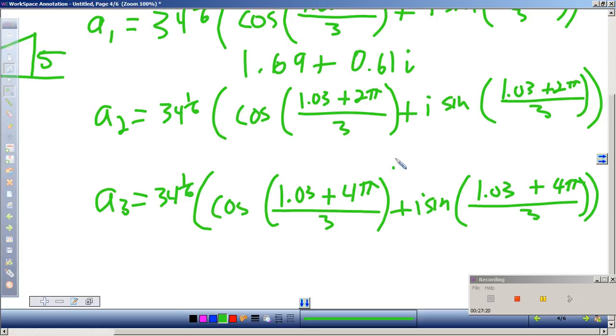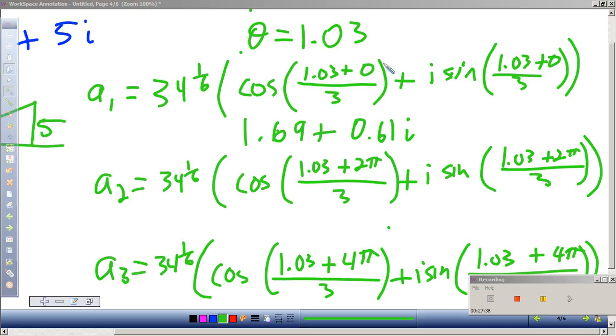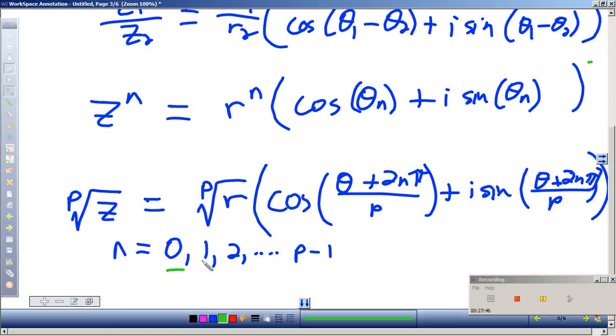So here we plug in n equals 1, here we plug in n equals 2. Remember, it is 2 pi n, right there. If I plug in 2, we have 2 times 2 pi, so that's 4 pi. We plug in 0 for n, 2 pi times 0. So yes, we start at 0. We plug in 1, and then plug in 2 in this case. If there were 8, we'd plug in 0 through 7.